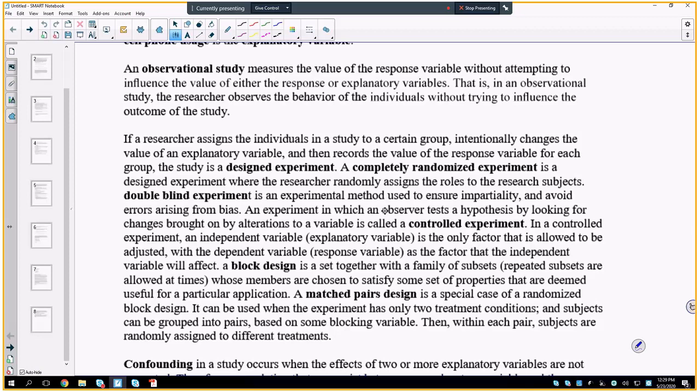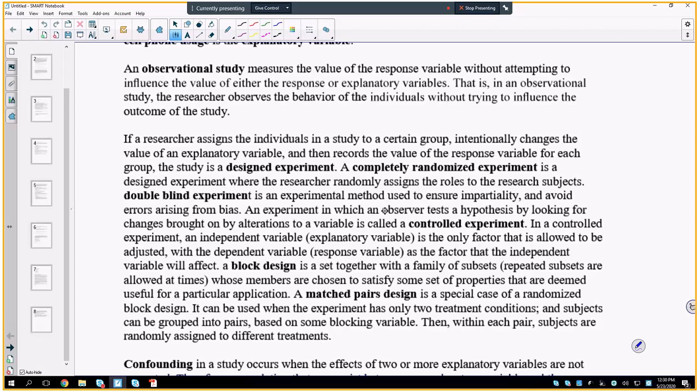If the researcher assigns individuals in a study to a certain group, intentionally changes the value of an explanatory variable, and then records the value of the response variable for each group, this is called a designed experiment. So comparing between the two, in an observational study we simply observe, we don't influence anything.